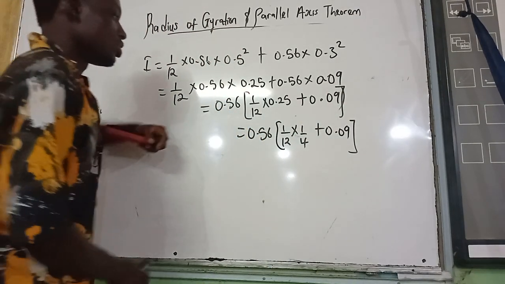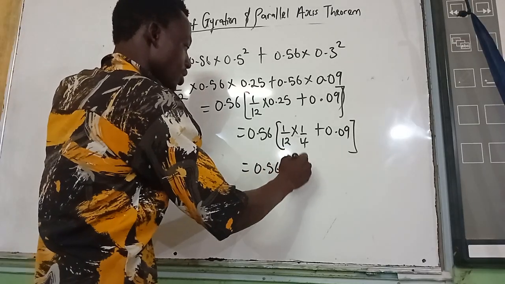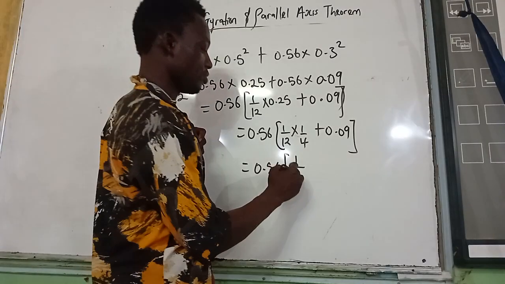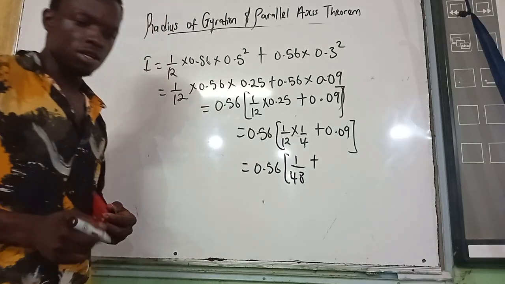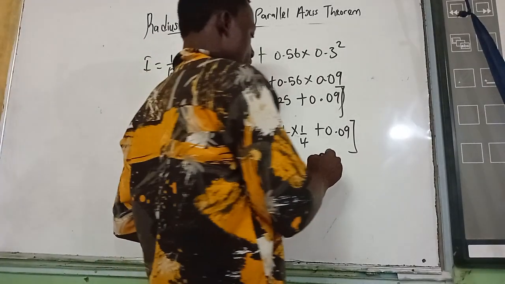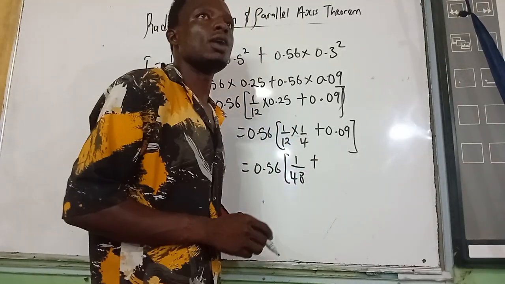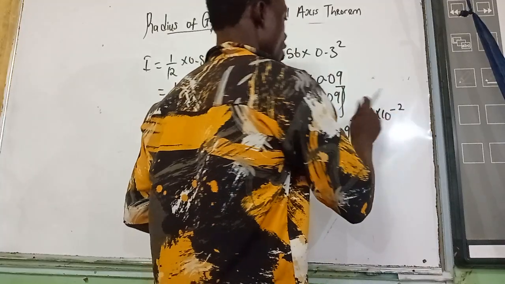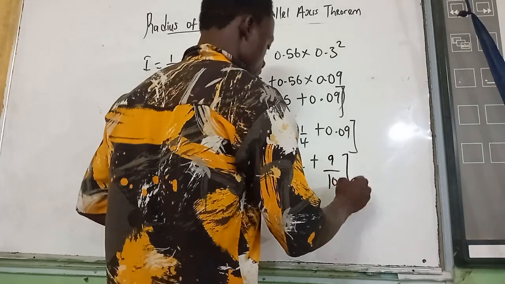Can you get that? So here we have 0.56 into 1 over 12 times 4, which is 48, plus 0.09. Let me write 0.09 as 9 times 10 raised to minus 2, so that's 9 over 100.